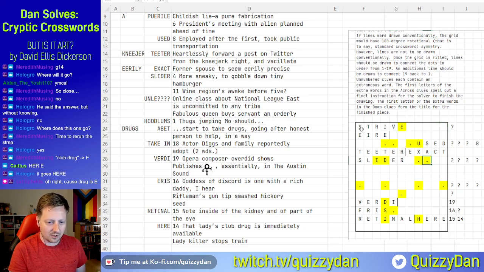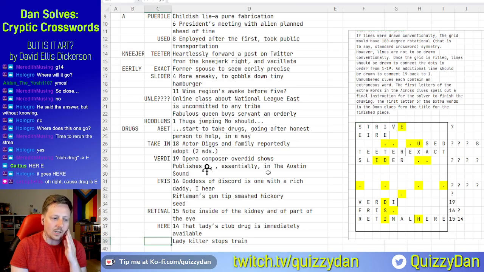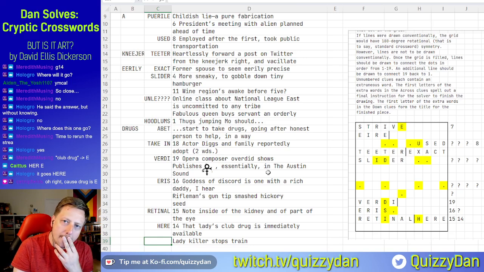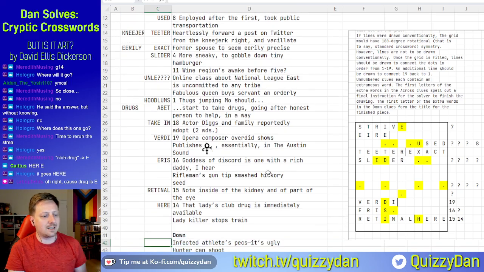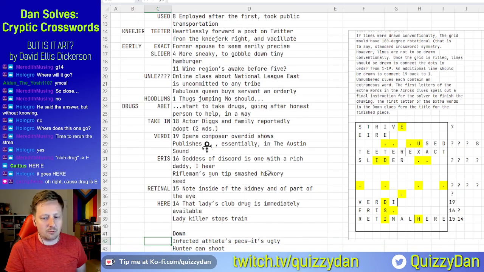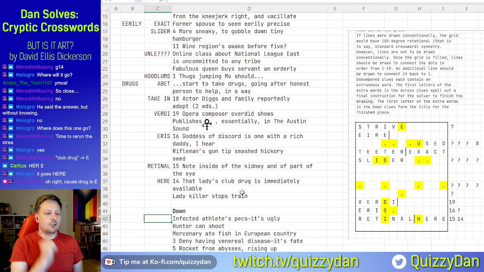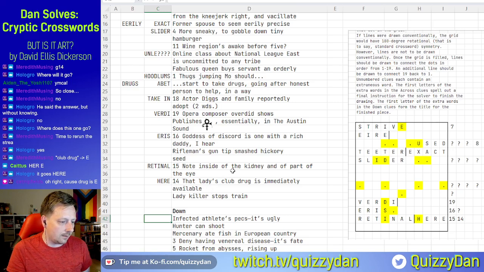Interesting. So strive probably isn't here. Very interesting. Lady killer stops train. Stops train, coach. No, going to come back to that one. The downs should very much help us. Remember, if there's no number in the clue, then there's an extra word in it that we can ignore.